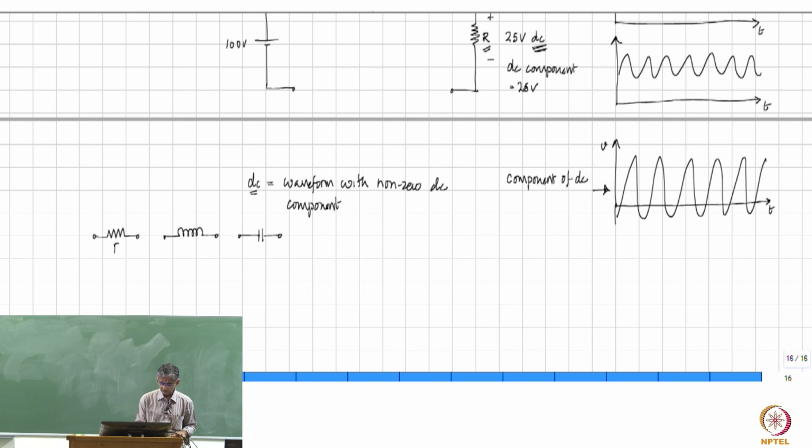So resistors are denoted by the symbol R, this is L, and this is C. Of these three elements, which are the ones that have dissipation associated with them? The resistor is a dissipative element, whereas the inductor and capacitor are energy storage elements.